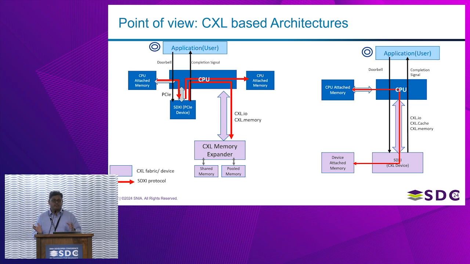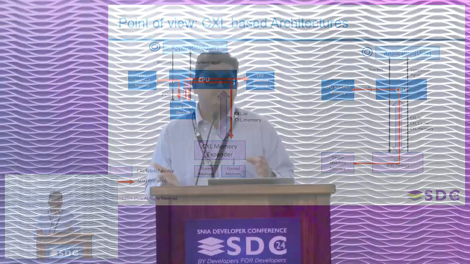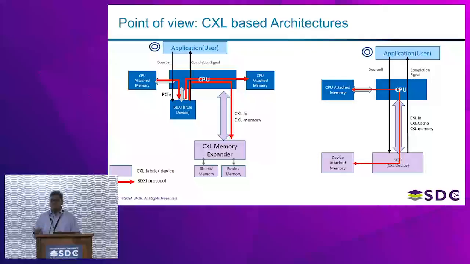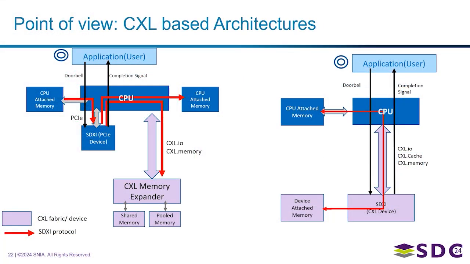It's not very different from what you would think an architected device may do. The picture on the right is a little bit more involved, meaning the SDXI device is itself a CXL device. It may also have memory, and it may be able to move the data between its device memory and the CPU attached memory. Both of these types of models are possible for CXL-based implementations.